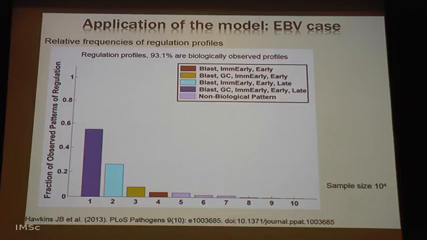So when you look at the population of EBV infected people and you measure for what stages they are producing an immune response, there are certain profiles that are common in the population, and this is exactly what we are observing when we interrogate the model like this.